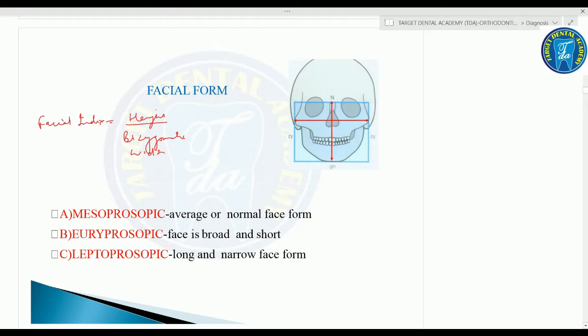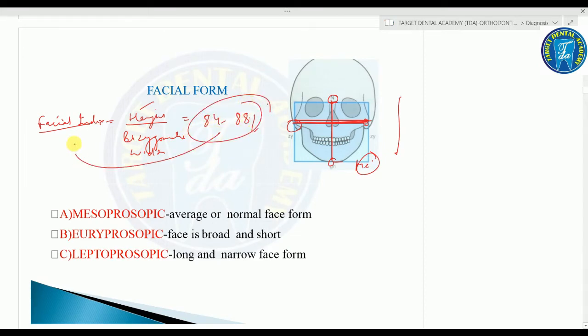The height is from the nasion, the point between the two eyebrows, to the gnathion onto the menton. This is the length, and this is the width, the bizygomatic width. So the facial index is the height by the bizygomatic width. The ideal ratio is 84 to 88%.